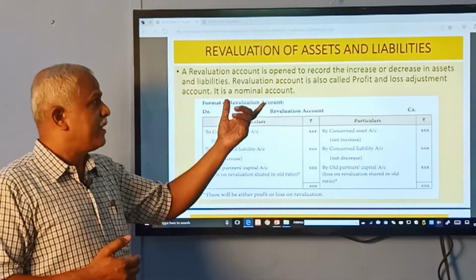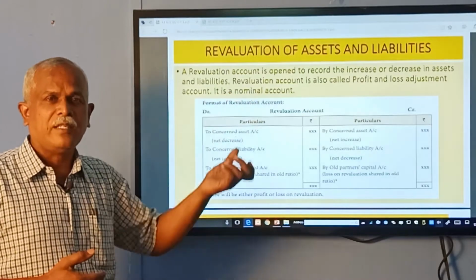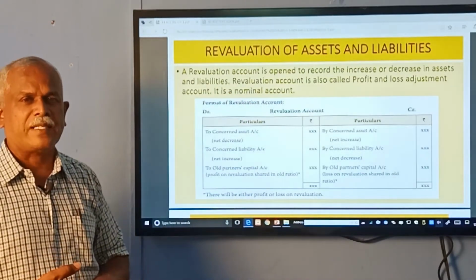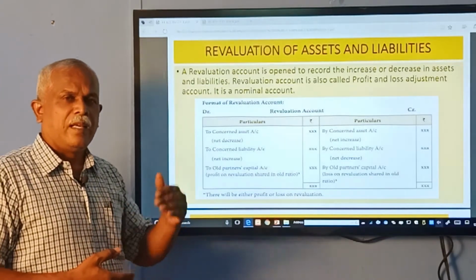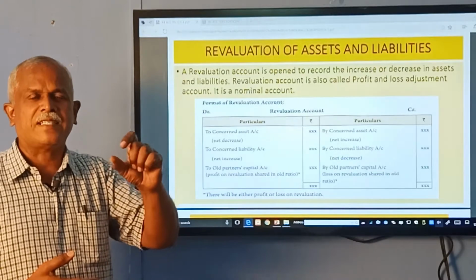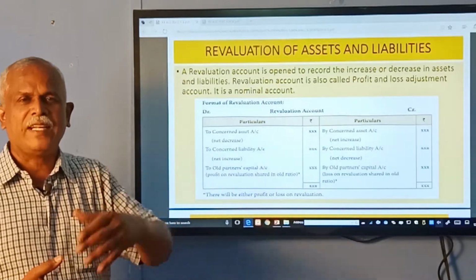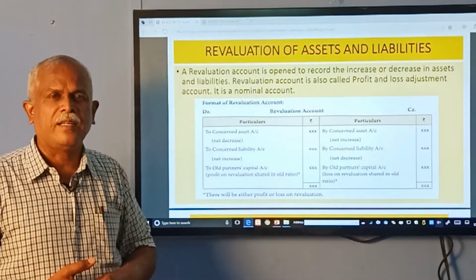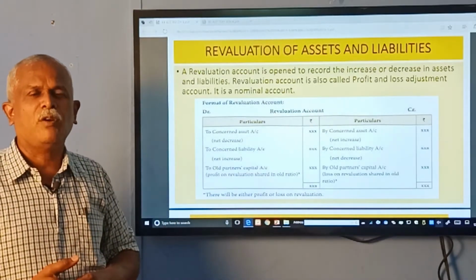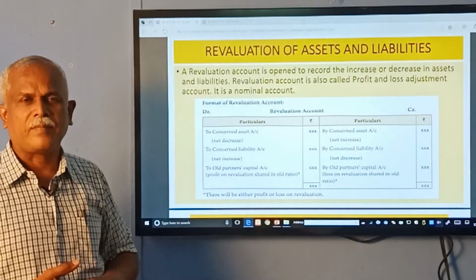Revaluation account is nothing but a nominal account. Whatever profit or loss comes has to be transferred to old partners. If any asset's value increases, it leads to profit, and vice versa. That is, a decrease in the value of an asset will lead to loss.